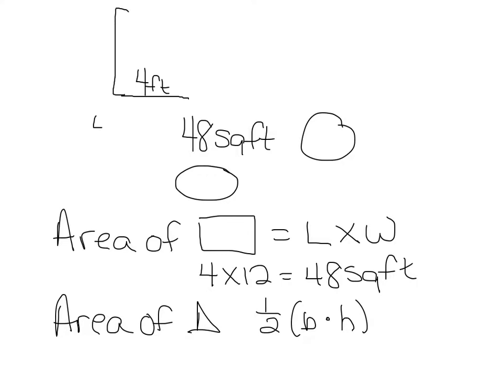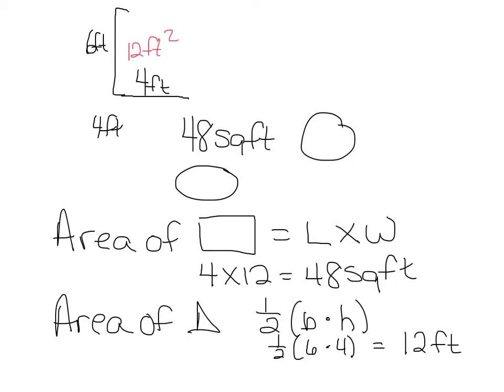If we know that this is 4 feet and the total of this length is 10, that'll mean that this is 6. So our triangle will be 1/2 times 6 times 4. 6 times 4 is 24, and 1/2 times 24 is 12. So our area of our triangle is 12 square feet.